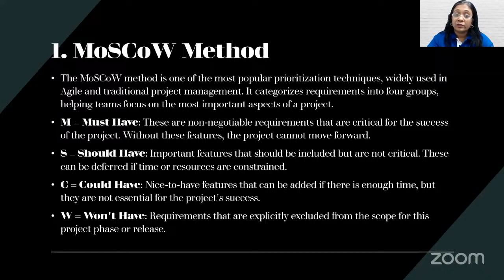Those are the requirements that were defined early in the project, but the client along with the vendor has decided to move those requirements to a later release due to some reasons. So must have, should have, could have, and won't have. Very, very common prioritization technique.